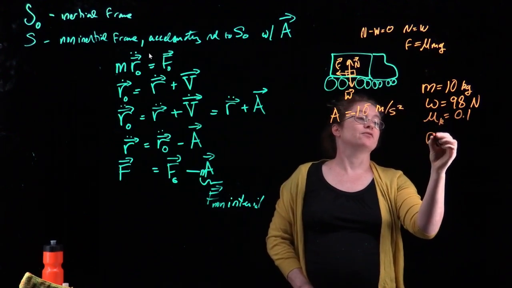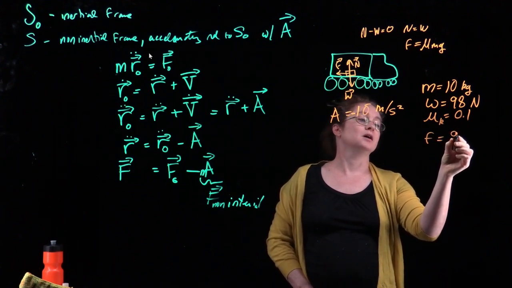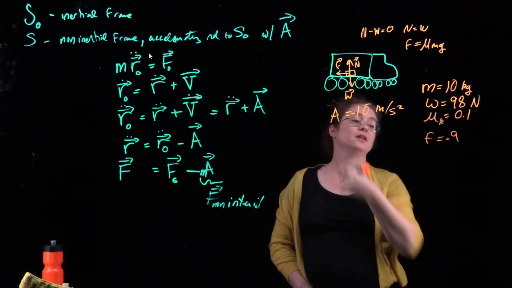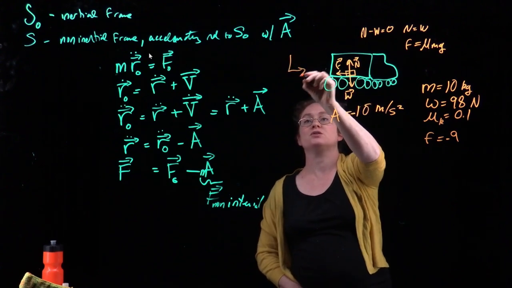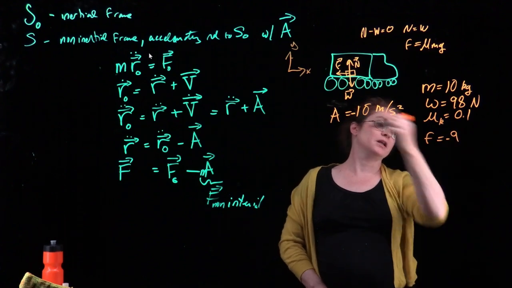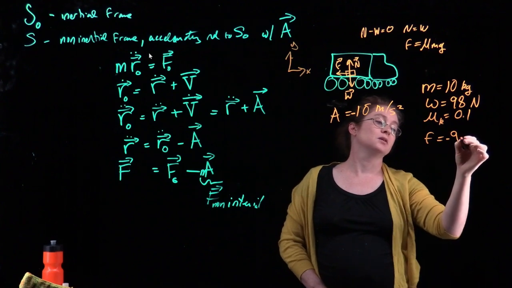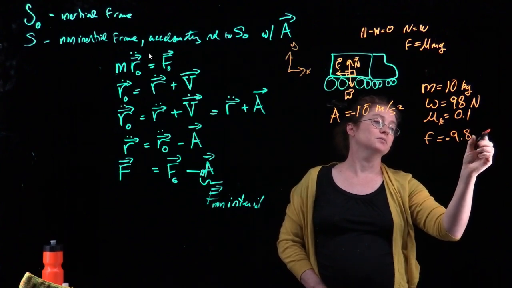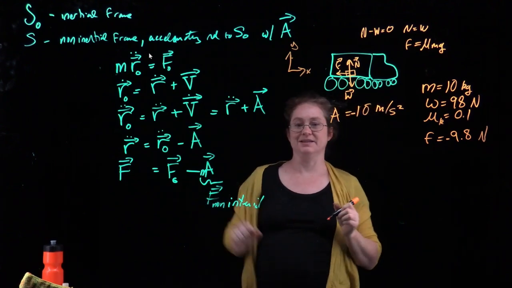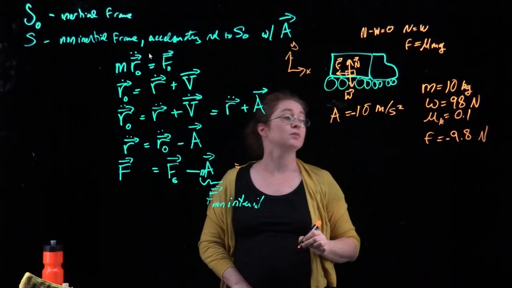So that means that friction is 9.8, and the way that I have written it, it's in the negative x hat direction. I'm going to use coordinates with this x hat and this y hat. So friction then has to be mu sub k times the weight, negative 9.8 newtons. So what is the acceleration of the book inside of the truck?